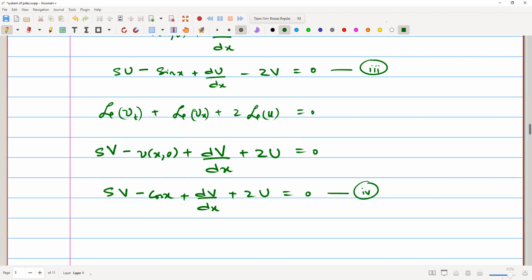So let us first simplify equation 3 and equation 4.